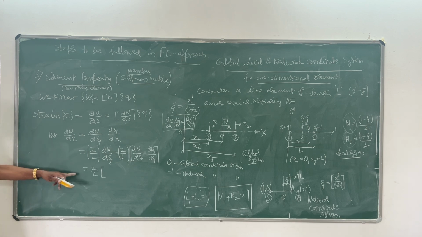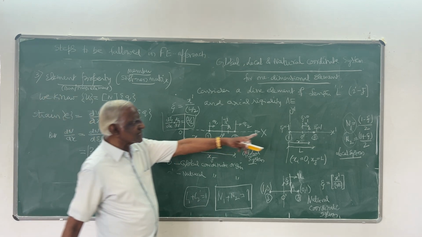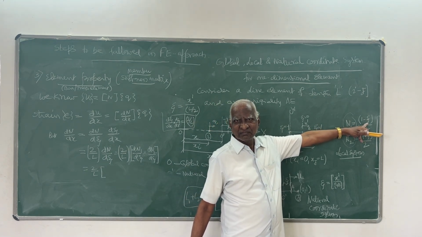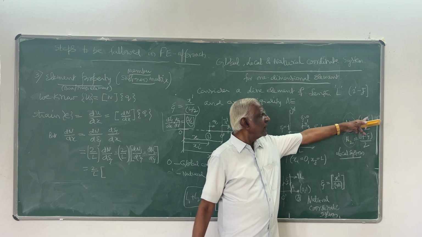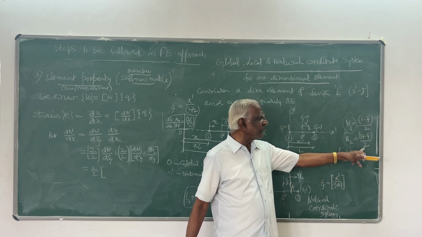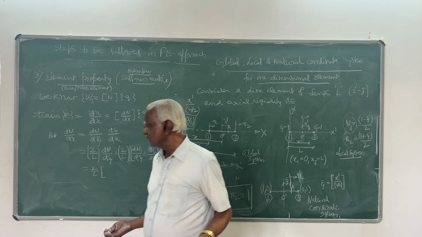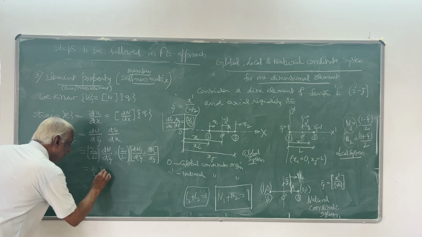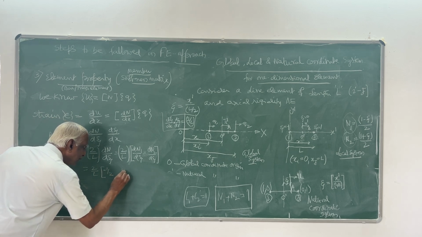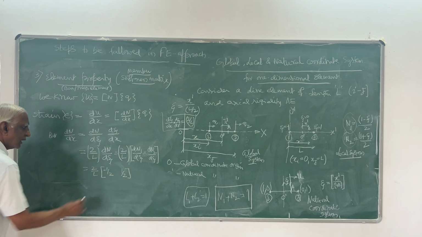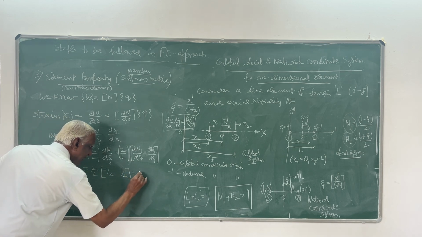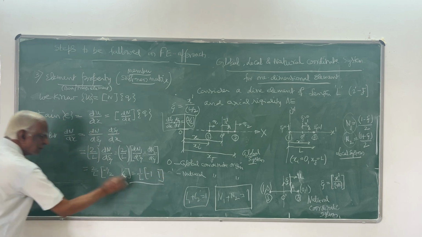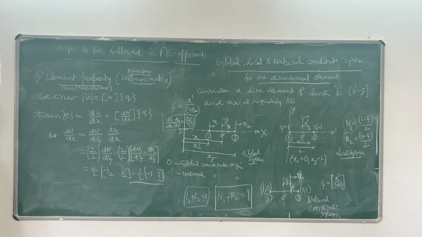Therefore dN by dx or dN by d psi is: dN1 by d psi is minus half, dN2 by d psi is plus half. That's why I told you it's very simple. Knowing that, it is minus half. This 2, if I take it outside, I'll get this. See how simple it is now.